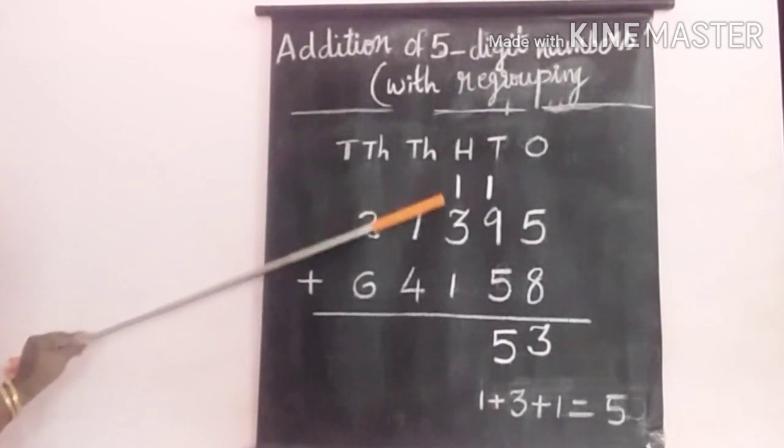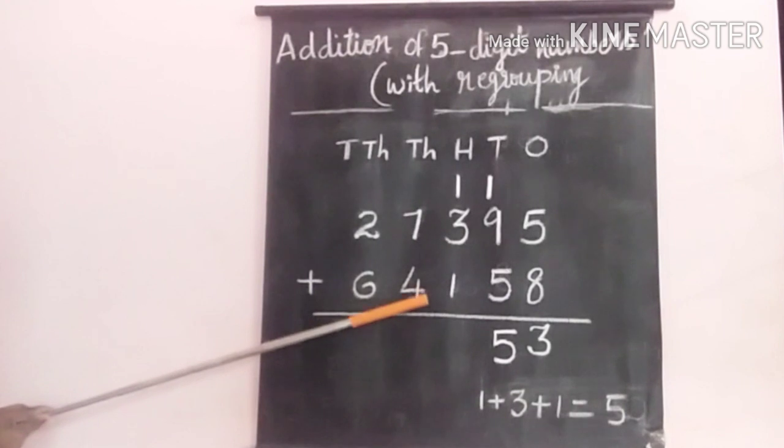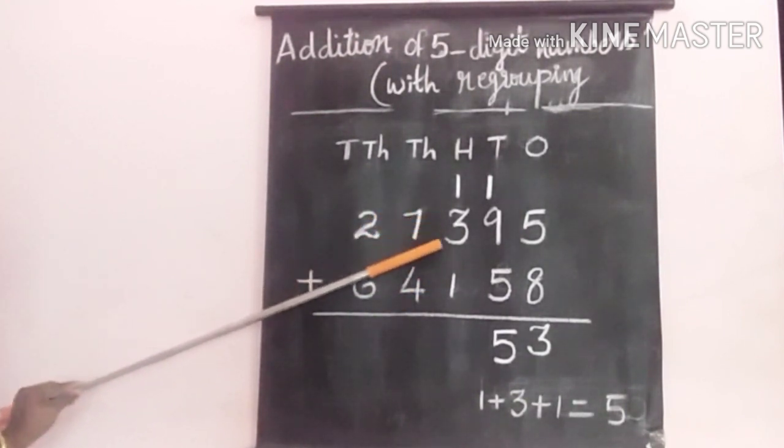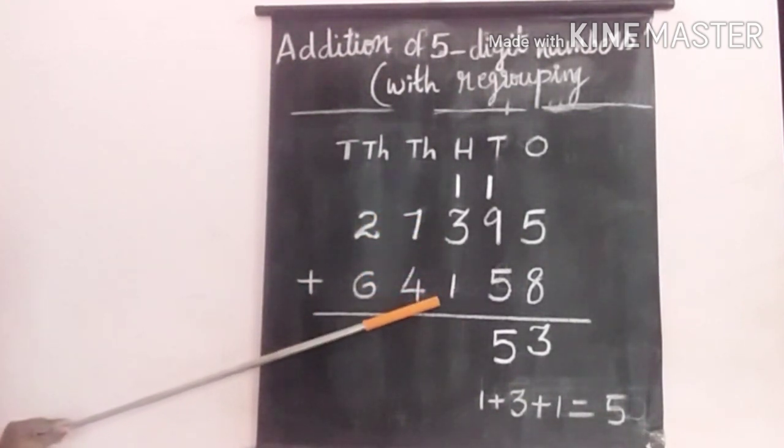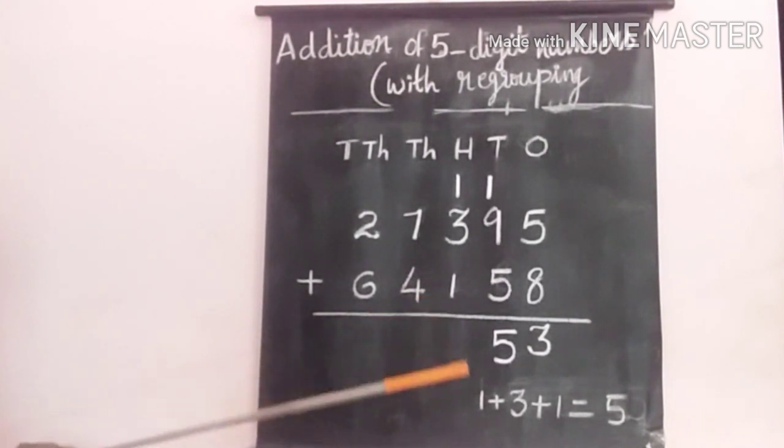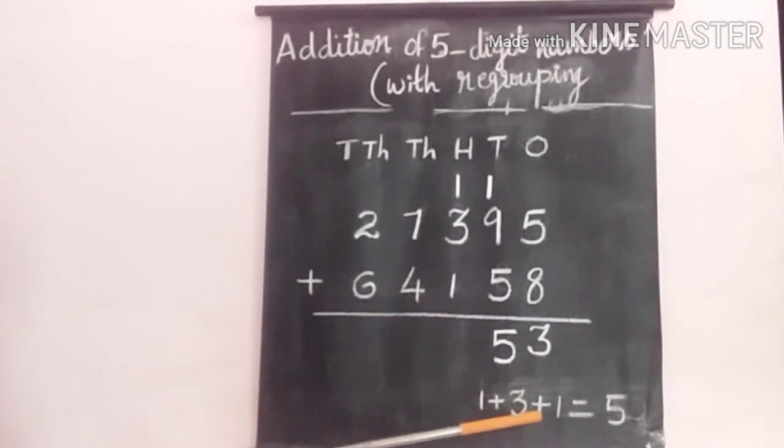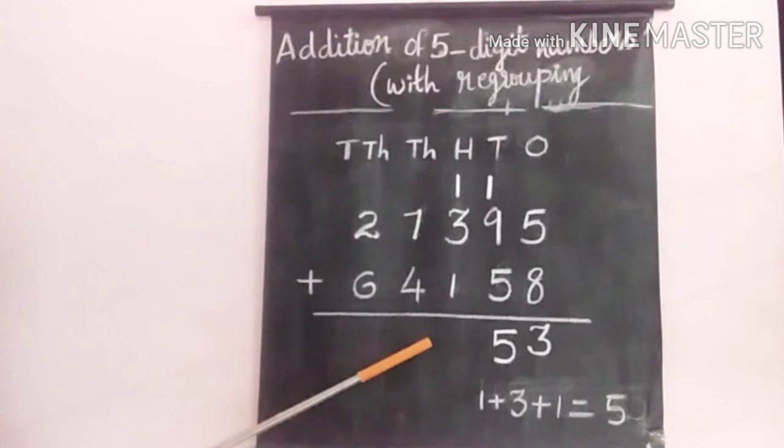Next add 100 place digits. That is 1 plus 3 plus 1. What is the answer? That is equal to 5. So you can write 5 in 100 place.